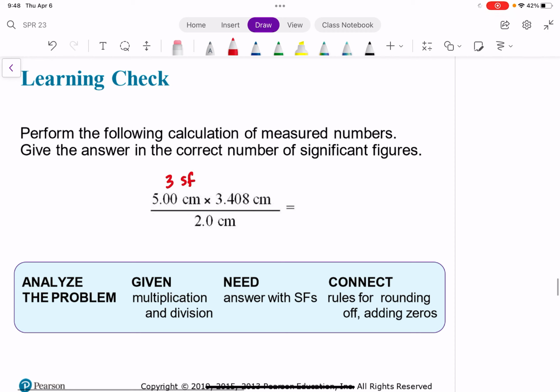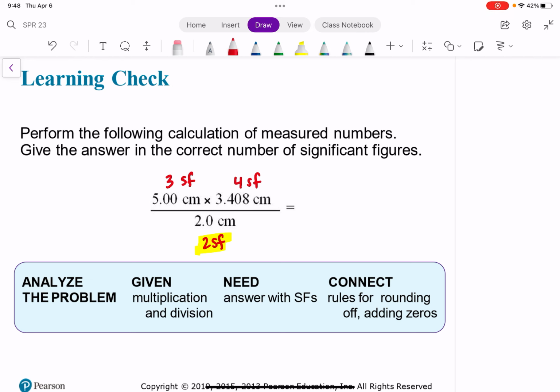So we have 3 sig figs here, 4 sig figs here. And how many here? Yeah, 2 sig figs. Okay, so this one is the lowest number of sig figs. So how many sig figs should my final answer have? Yeah, that's right, 2.